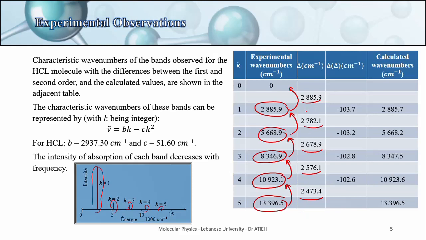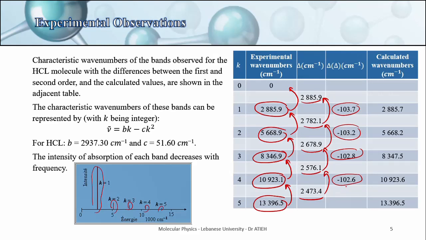But here, we have found that this difference is not constant as in the case of rotational spectra. This difference decreases slowly. So we thought about finding also the difference between the differences. We subtract this from this, again this from this, and we're going to find these values. Approximately, the difference of the differences is approximately equal.